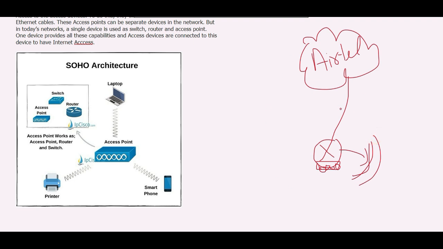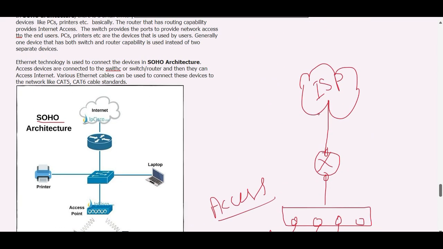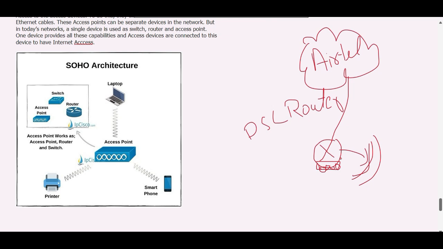This is simply your home office connection, right? And in the home office, you use only a single device. Sometimes we call it a DSL router, sometimes a modem, or a broadband router. So this router will provide you the functionality of all three devices. It will work as a router to provide routing so that you can reach the ISP.